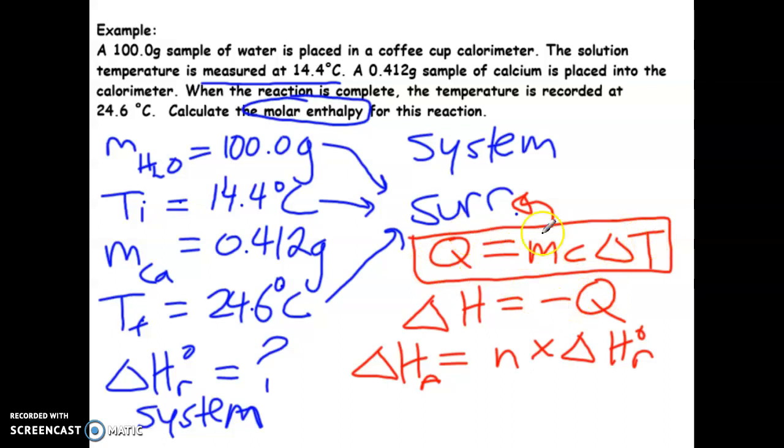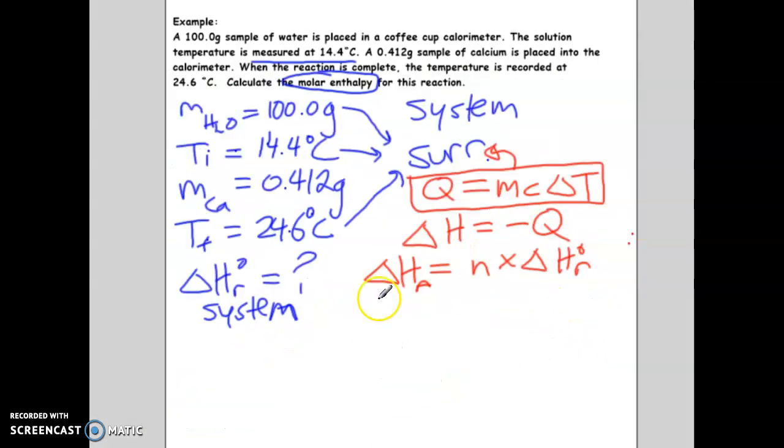So we know what Q is equal to. So if we were to sub this into our Q, we would get delta H is equal to negative MC delta T. So we've combined these two ideas, enthalpy and our surrounding heat. And then we have our delta HR is equal to moles times molar enthalpy.